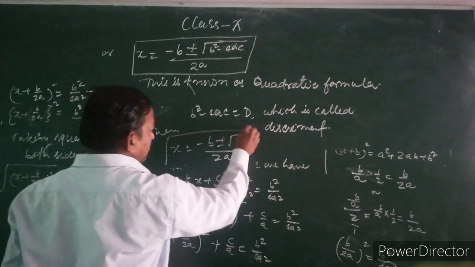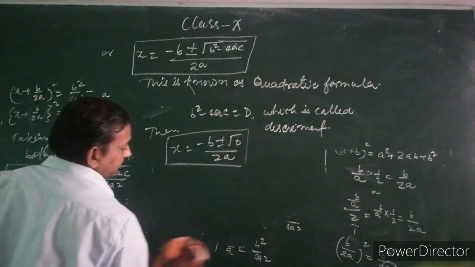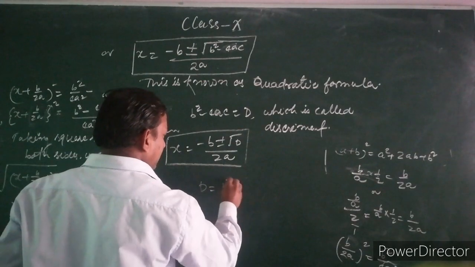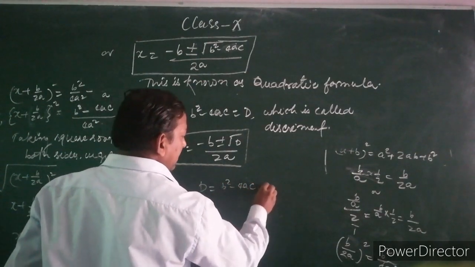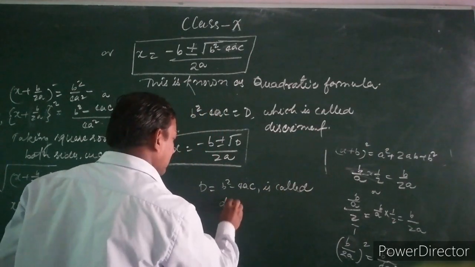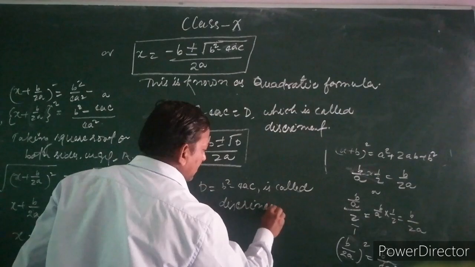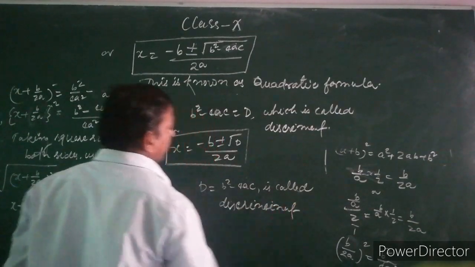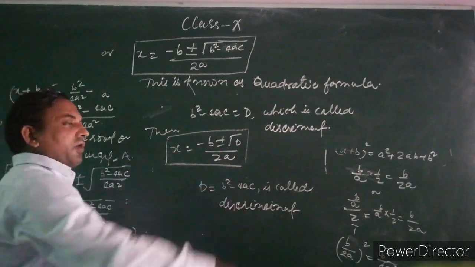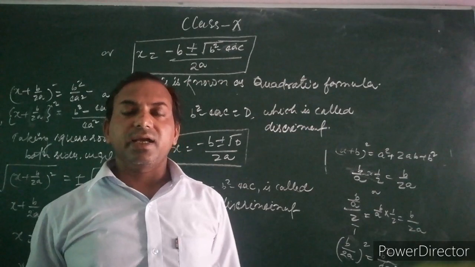Here D, that is b² − 4ac, is called the discriminant of the quadratic formula. Using this formula, you find the two roots or solutions of a quadratic equation.